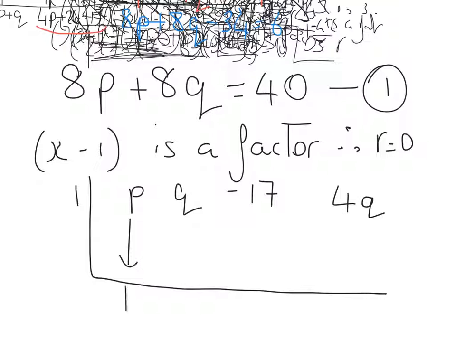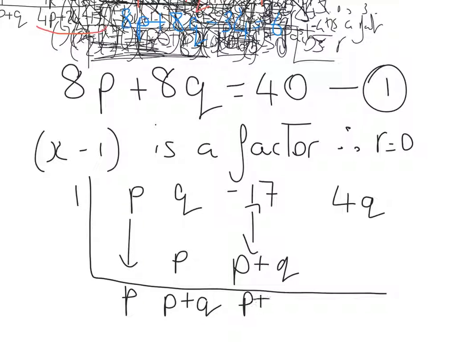So p goes down, p times 1 is p, that's p plus q. P plus q times 1 is p plus q. I'll then get p plus q minus 17. Multiply that by 1, still gives me p plus q minus 17.